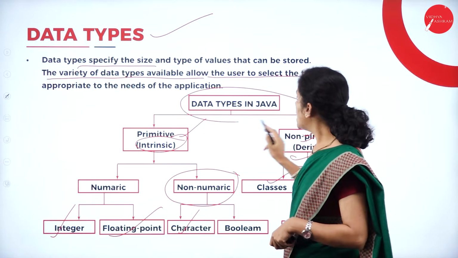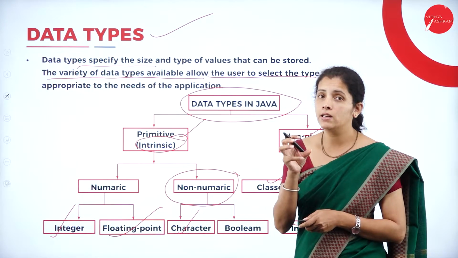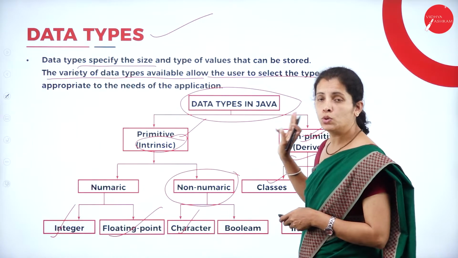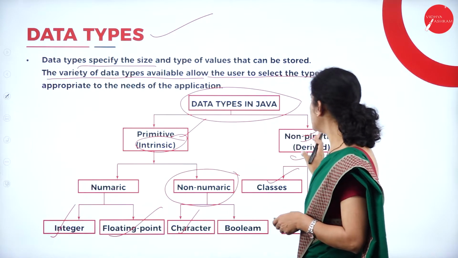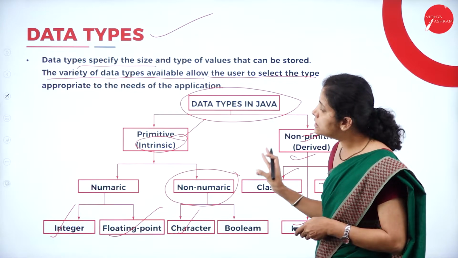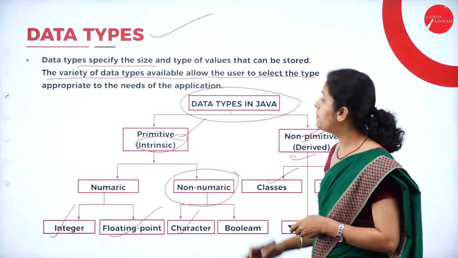What is data type? It's mainly used to identify the type of item or type of data, and it is classified into two types, primitive as well as non-primitive.